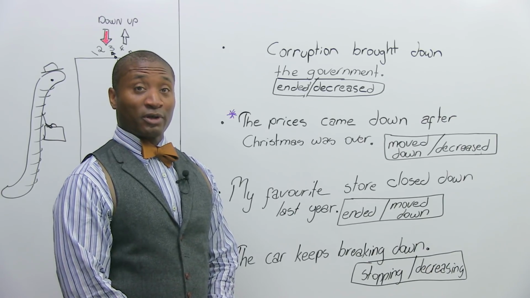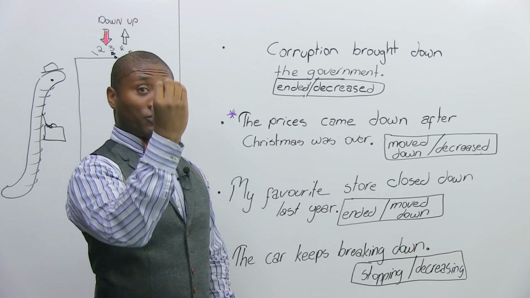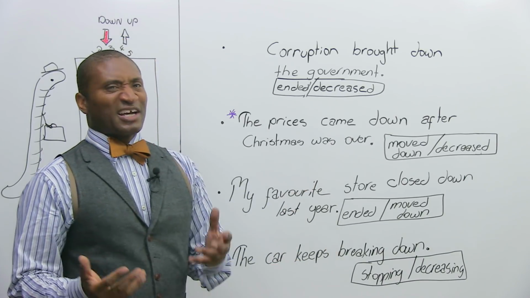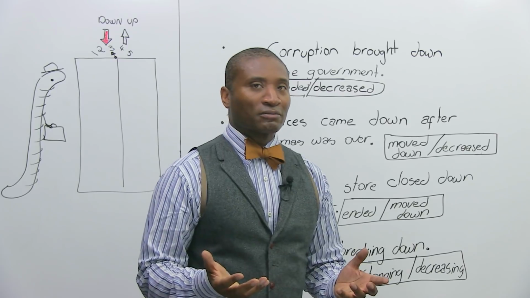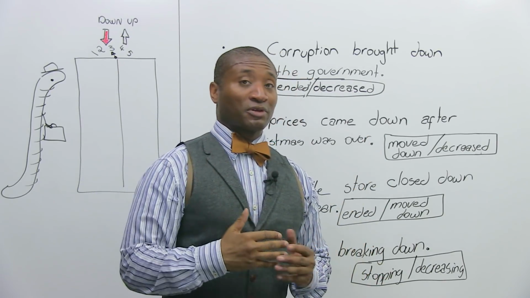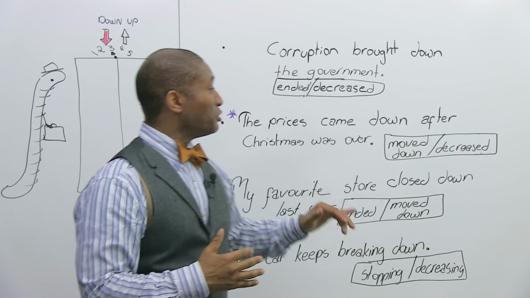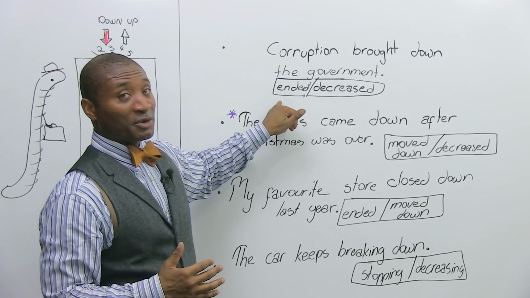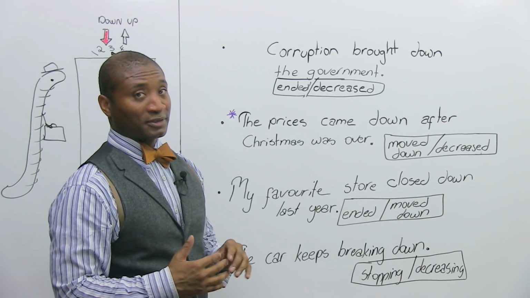Remember we talked before, the prices came down, so they did move down, but also they can be decreasing. This is one of the cases where it basically almost means the same thing, right? You know there's less price, or they've gone down. Very similar, right? This is where the confusion comes with English, because this happens often, but sometimes it's very, very specific, so be careful, all right?